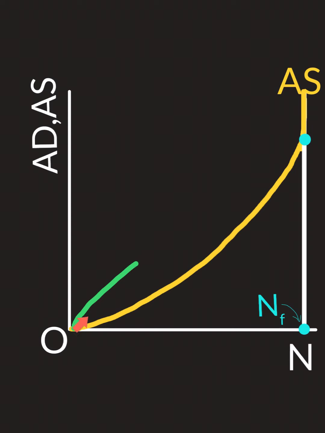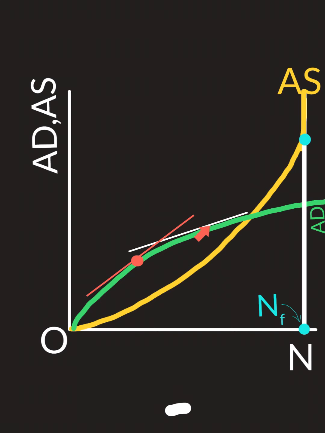Now we draw the aggregate demand curve. It goes upwards. As the volume of employment increases, the aggregate demand price, that is the expected receipts, increases with every level of employment, but it increases at a decreasing rate. Here we draw the tangent at this point, and another tangent is drawn here.